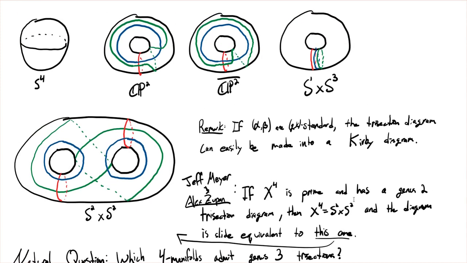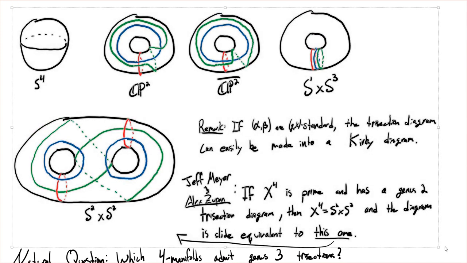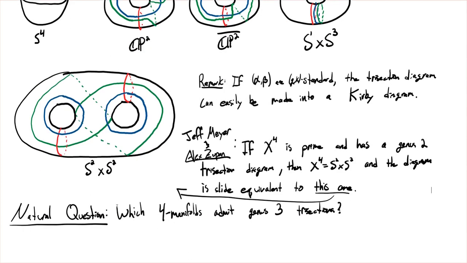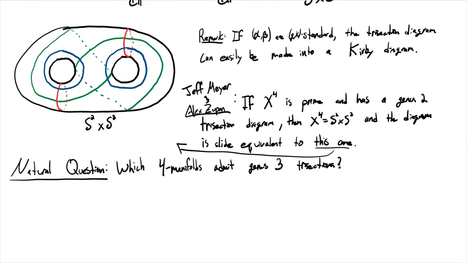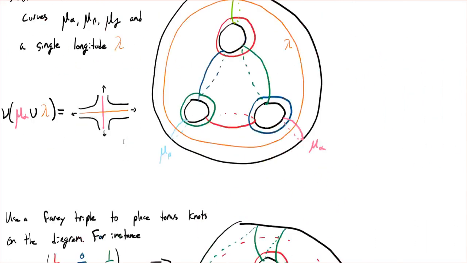Essentially, what Jeff and Alex tell us with this theorem is that these are all of the interesting trisection diagrams of genus at most 2. So it is natural to wonder which four-manifolds admit genus 3 trisections. And with that, we're going to move on to defining these Farey diagrams.